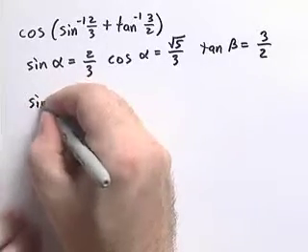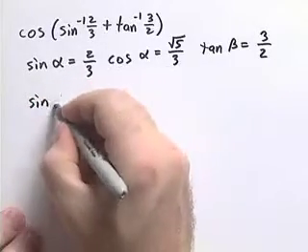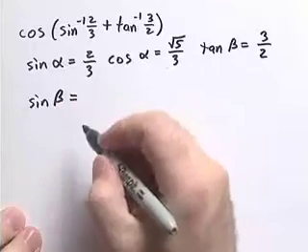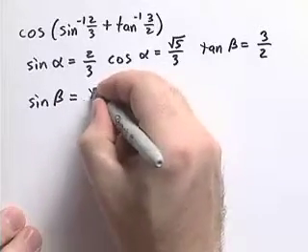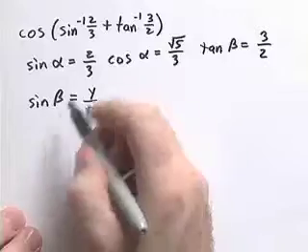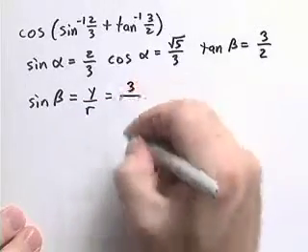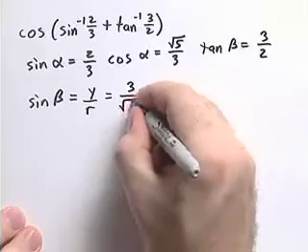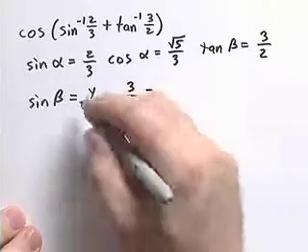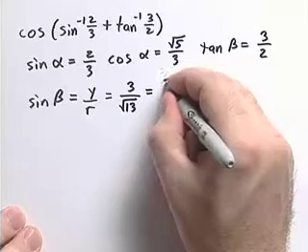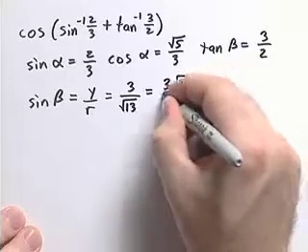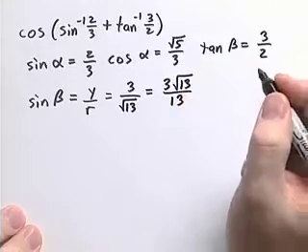We'd like to find the sine of beta. The sine of beta is going to equal y over r, and we're using the angle beta here. Y was equal to 3, and we found on the previous page that r was the square root of 13. So we'll have the sine of beta is equal to 3 times the square root of 13 divided by 13.